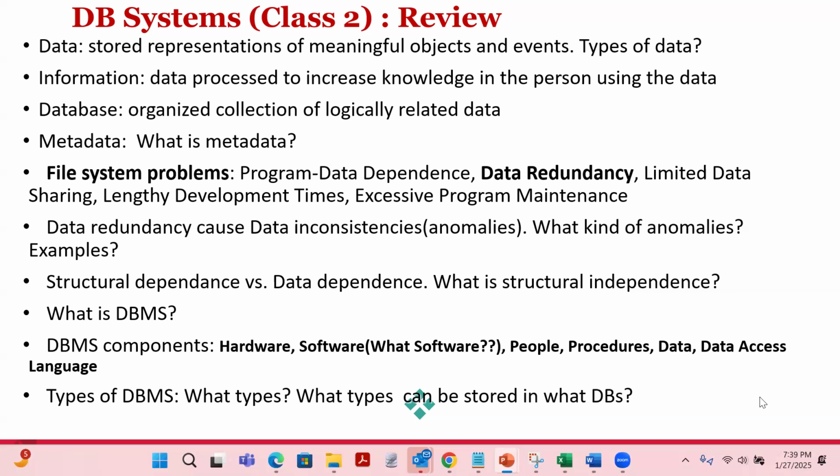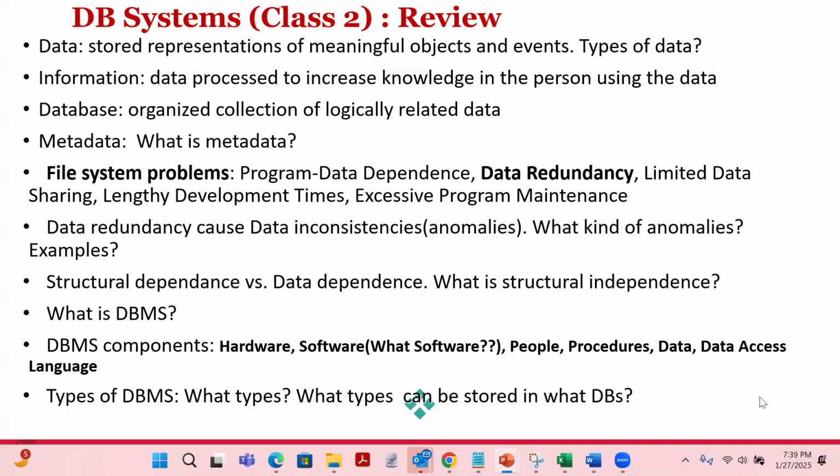We also talked about program structure dependence. That's when the program access depends on the structure or the set of files or specific file. Talked about data redundancy. Data redundancy means data repetition, where multiple data sets of the same kind are stored in different places. Also talked about limited data sharing, long processing times, and so forth.